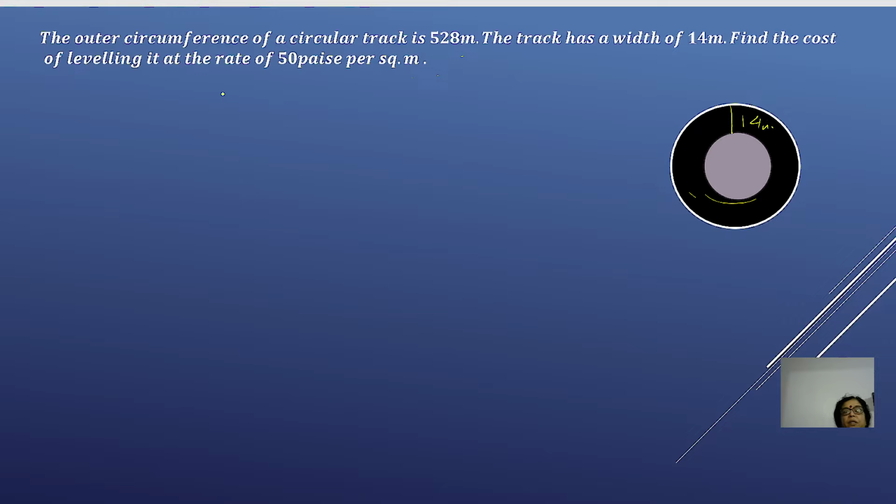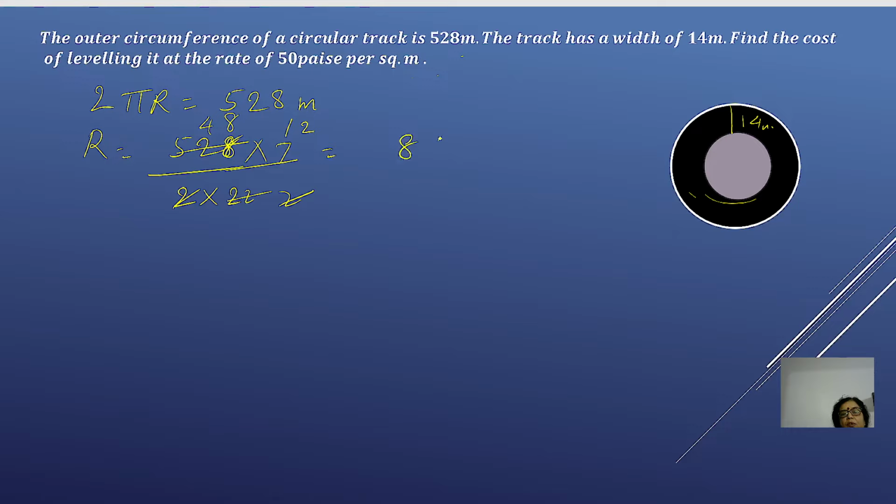Now the outer circumference is 528 meters. So 2 pi r is equal to 528 meters. So r can be found out as 528 by 2 pi, that is 2 into 22 by 7. So this gives us 11 twos, and the twos get cancelled. We are left with 4 ones 4, 4 twos 8.